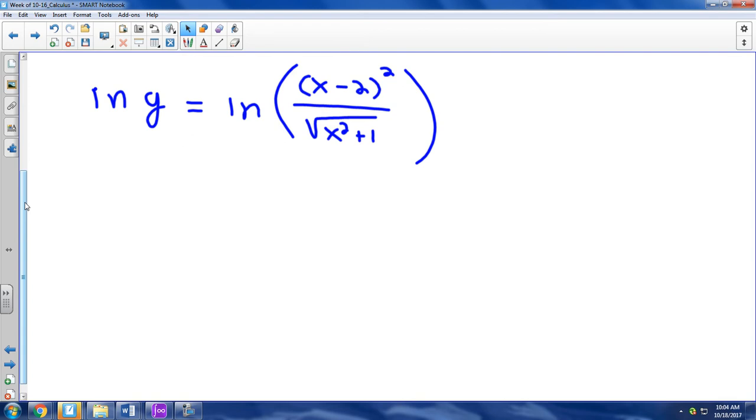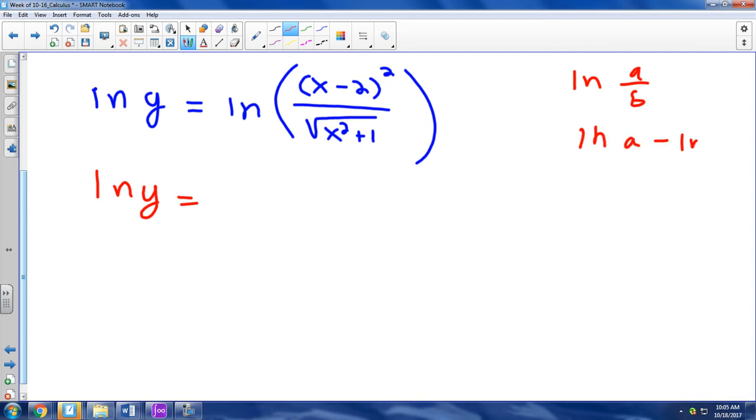So I'm not going to do any calculus at this point. I'm just going to rewrite, and think about what this can be. I have ln of a fraction, so whenever you have ln of a over b, that's going to be ln of a minus ln of b.